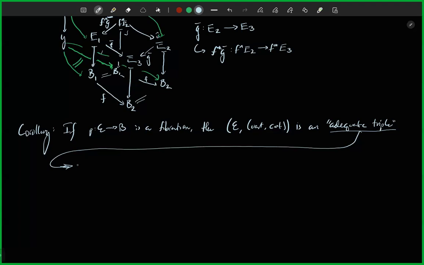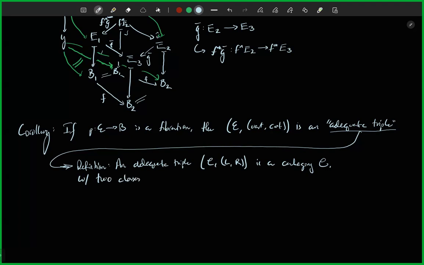The definition of an adequate triple consists of C, L, R: a category C with two classes of maps, L and R, such that L and R contain all identities and are closed under composition.